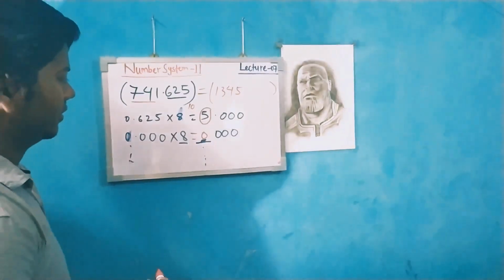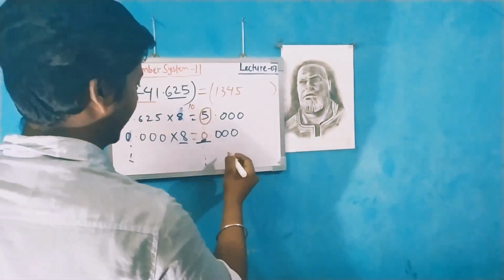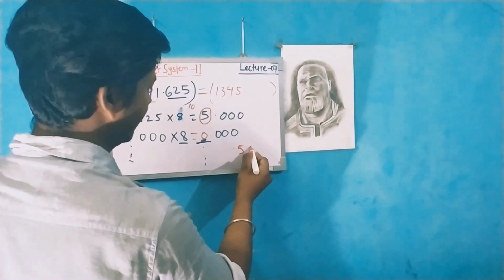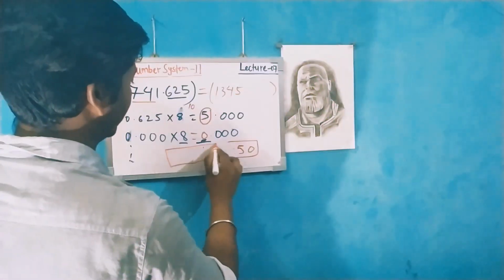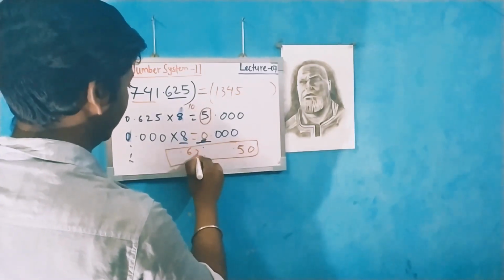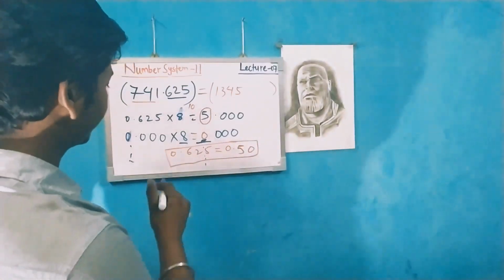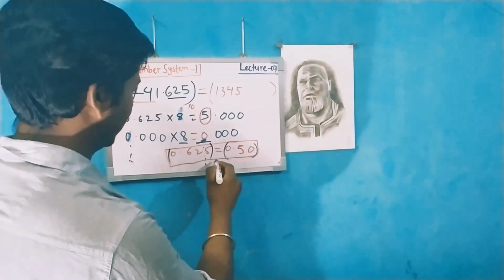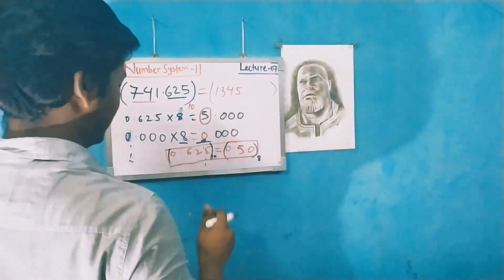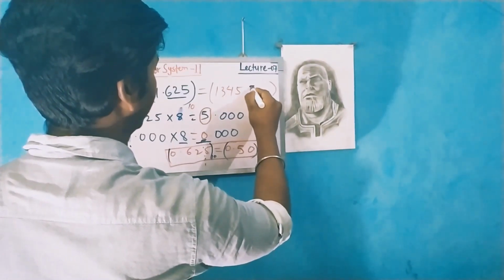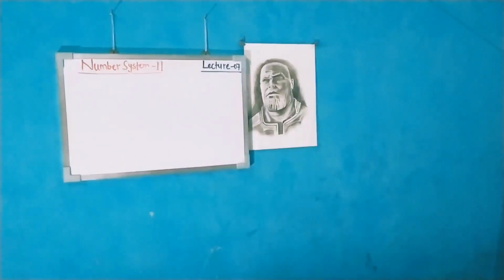So we consider the fractional part as 0.50. So this is basically the octal equivalent of 0.625. This is in decimal and this is in octal, so we can write it as 50 in octal.